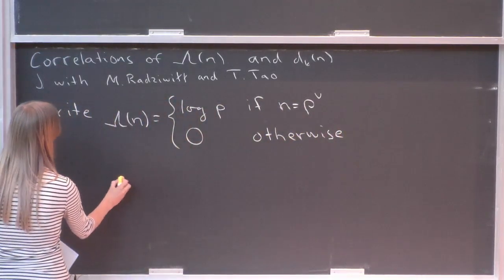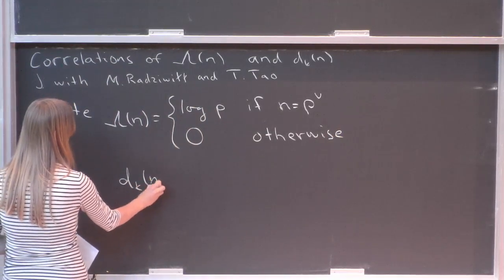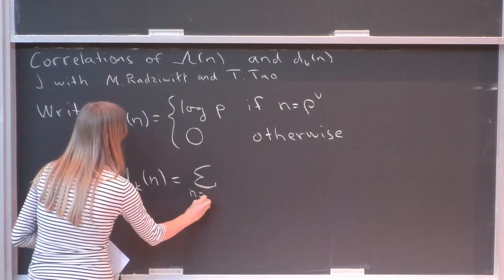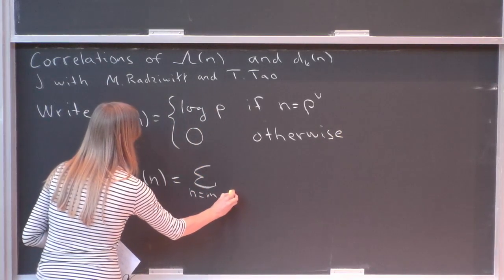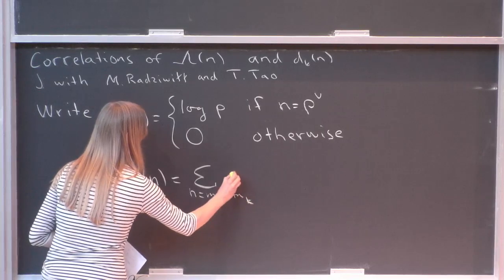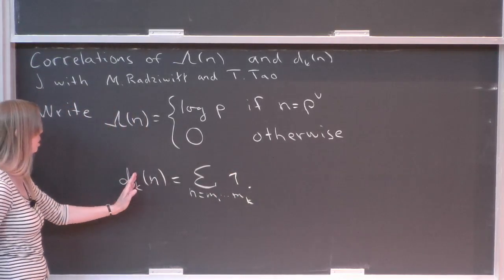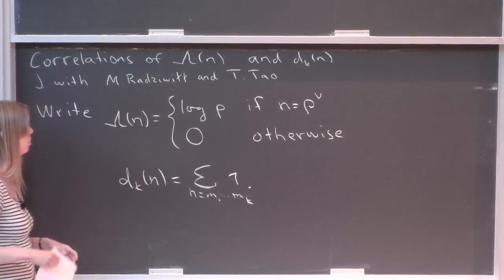And we write d_k(n) to be the k-fold divisor function, so it's the number of ways we can write n as a product of k things. It's a generalization of d(n), which is just the k equal to 2 case.